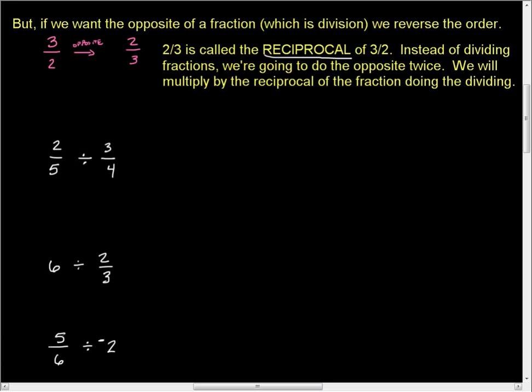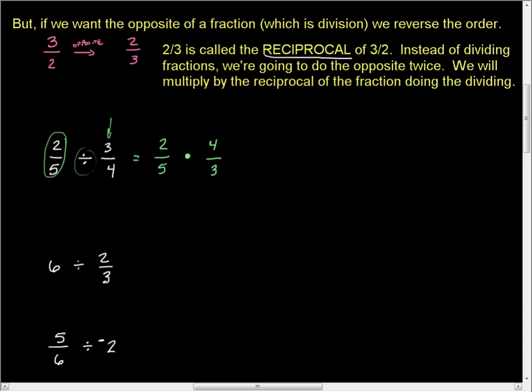Here's how this works. The first number stays put. The division sign changes to multiplication. And then you flip the second fraction. You take its reciprocal, or its inverse.